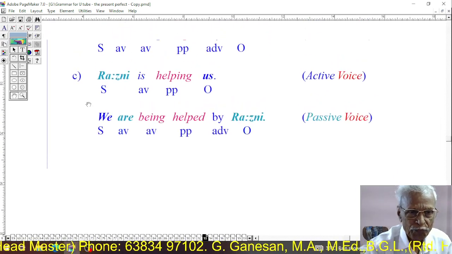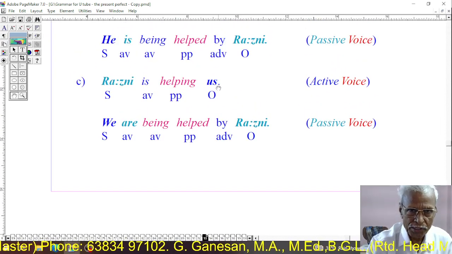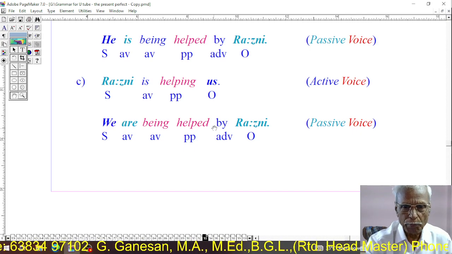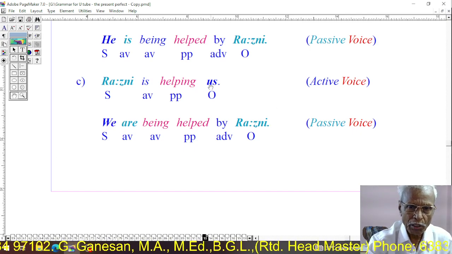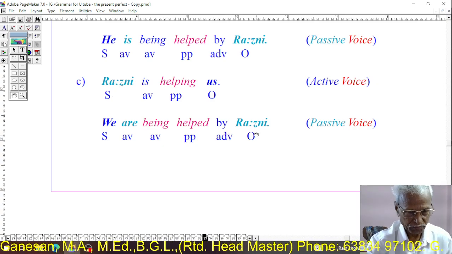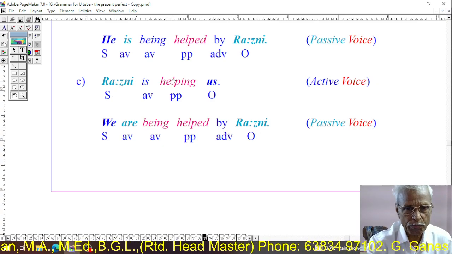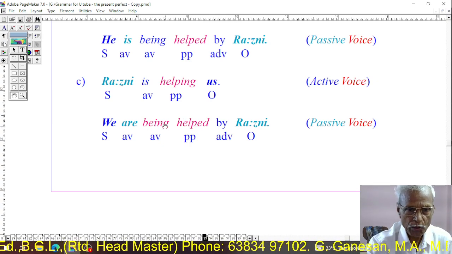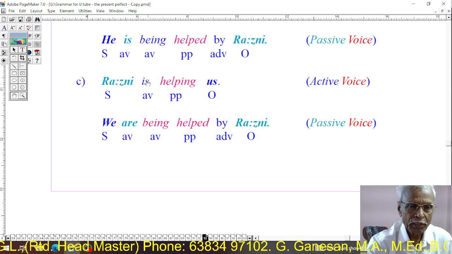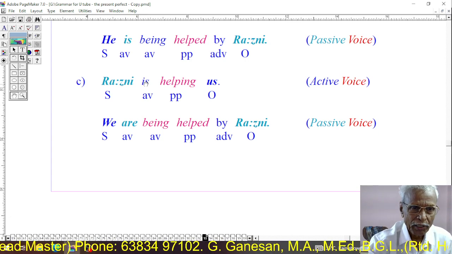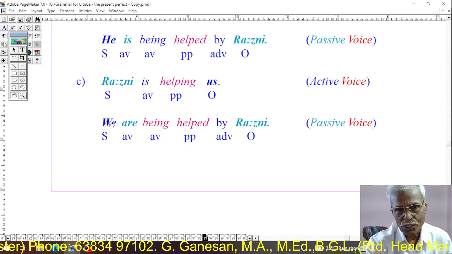Then third, Rani is helping us. As the subject, we. We are being helped by Rani. So, as we, Rani becomes by Rani. Helping, past participle helped. Then being is placed before the past participle. Then here it is Rani, but here the subject is we, plural.